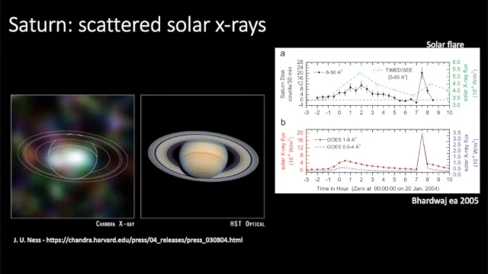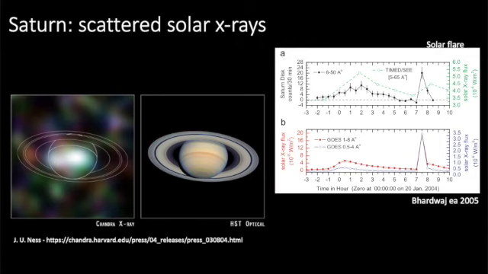And one of the most interesting experiments that were done on Saturn is from this paper by Neil Bartway in 2005. So what you have on the top is the X-ray signal of Saturn as a function of time. These indicate hours, and at the bottom you see the solar X-ray flux as a comparison. And so what happened is that as the sun underwent a bright flare, this flare was also detectable in X-rays from Saturn.